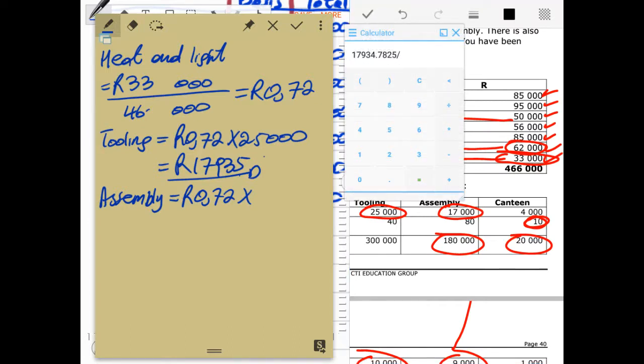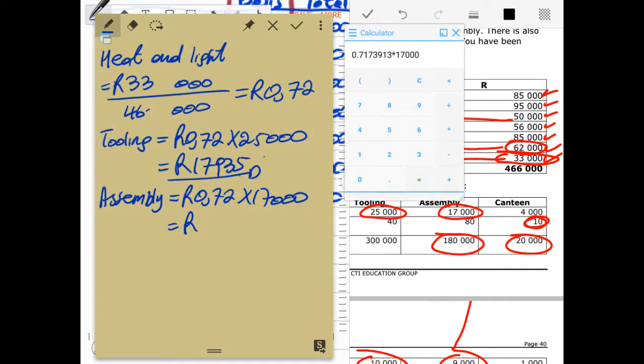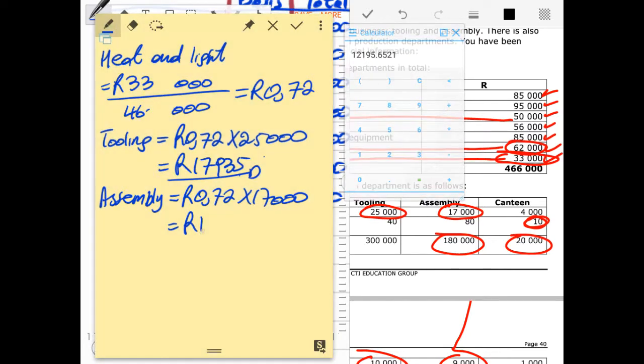So now we have that 0.72, we multiply by 17,000 square meters. That gives us 12,196. So now that is the amount that will be allocated to the assembly department for heat and light.